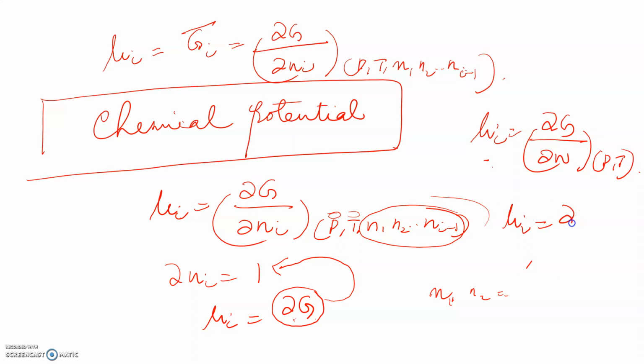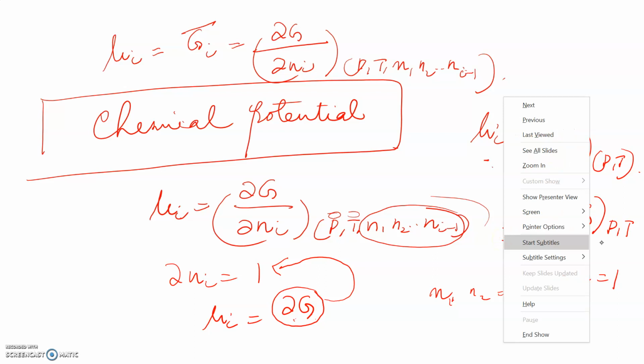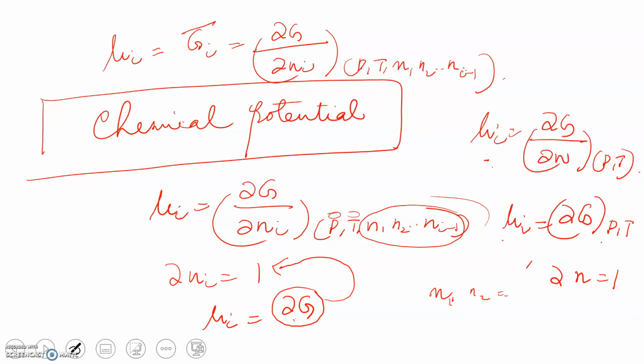Mu I will become equal to dou G at constant pressure and temperature when dN is equal to 1. So what is the chemical potential of a pure substance? It is the change in free energy at constant pressure and temperature. If we are considering 1 mole of a pure substance, free energy is identical with the chemical potential.